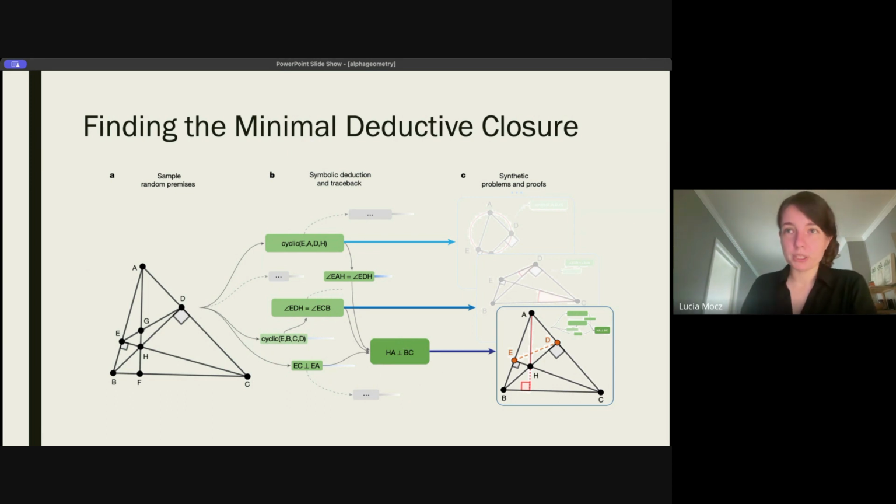There is a traceback; we're going to talk about that a little bit on the next slide. But what I want to point out is the part of moving premises into the proof when they are not used in the conclusion. When we look at HA is perpendicular to BC, something we can notice in every single one of these proof paths is that you needed the auxiliary construction of E and D in order to make this conclusion.